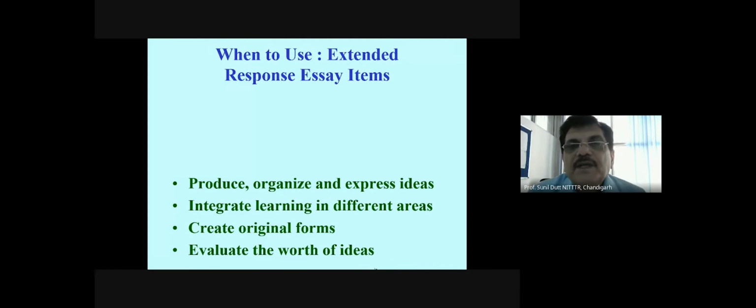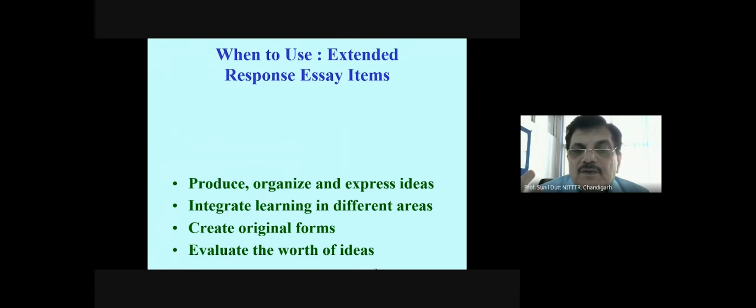So let me now share with you some of the items which can fall under Bloom's taxonomy. When I go for remembering, meaning the knowledge, that is when the student is able to recall or recognize information, or you can say ideas.